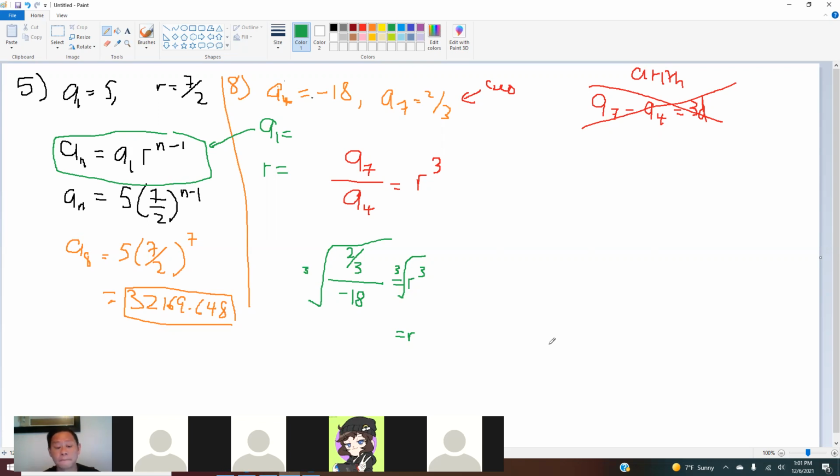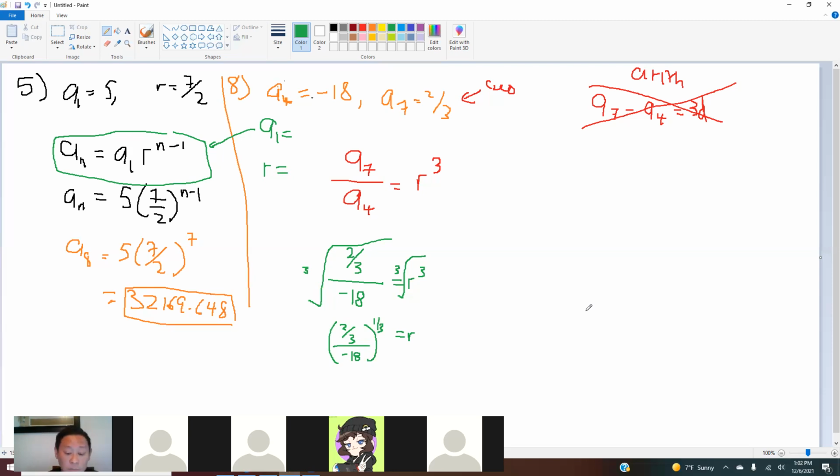If you use a graphing calculator, you press the math button and then it's number 4, which is the cube root. If you do not have a cube root, you can put this to the power of 1/3. So you take 2/3 divided by negative 18 to the power of 1/3. It's the same thing.